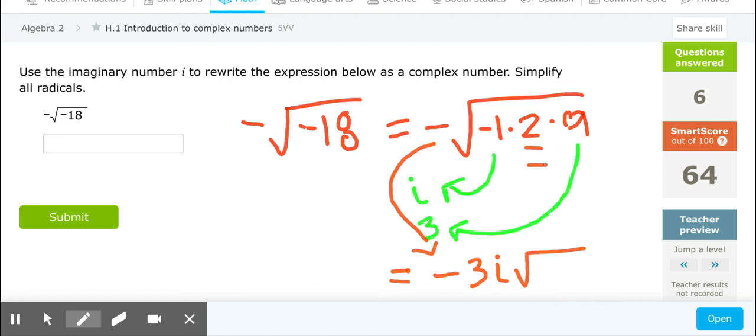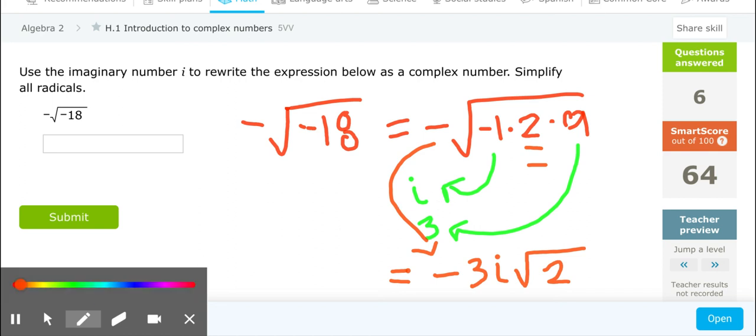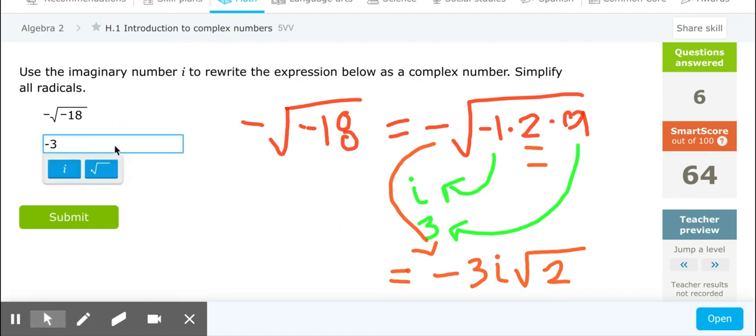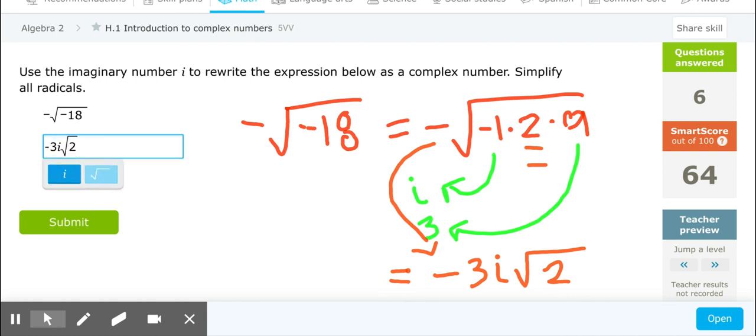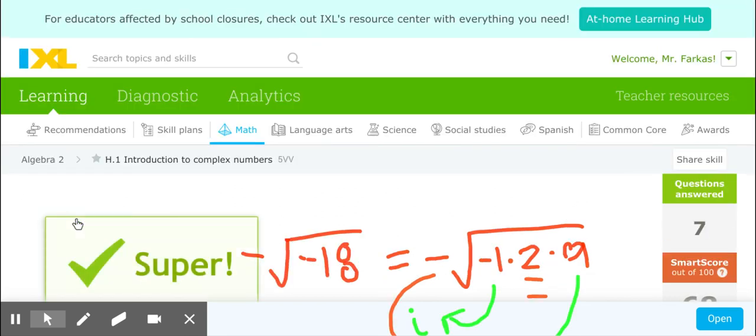We took out the negative 1, took out the 9. All that's left is a 2. Let's see if we get this right. That means that we learned from last time. Hopefully we've got it down. Cross your fingers. Nice.